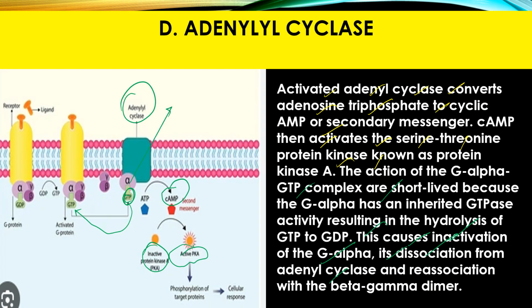So it removes the phosphate group and converts into GDP, guanine diphosphate, and it will reattach with the remaining two of its friends, gamma and beta, and now it becomes inactivated and the signal will be stopped.